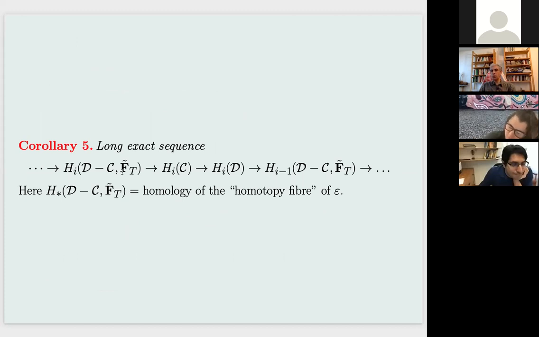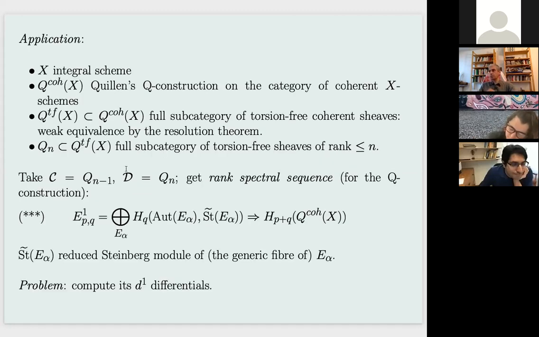And then when you go back through the definition of these things, you find that the third term has the form of this direct sum, and you get the rank spectral sequence for the Q construction, which is like this.